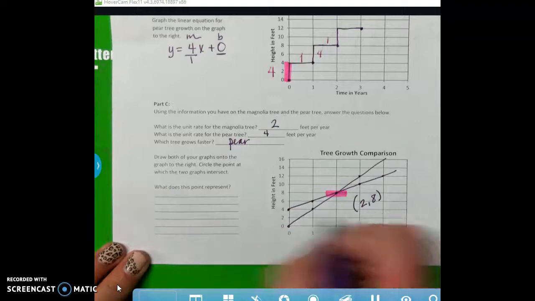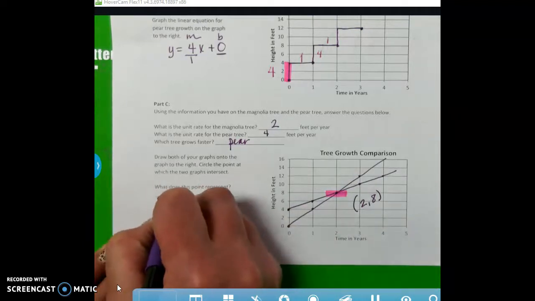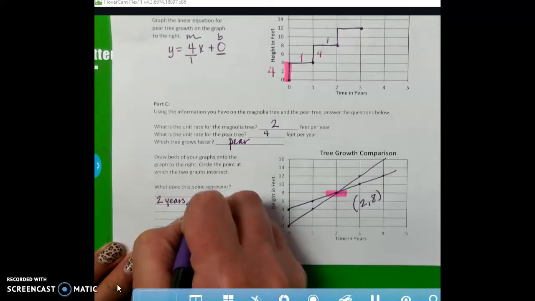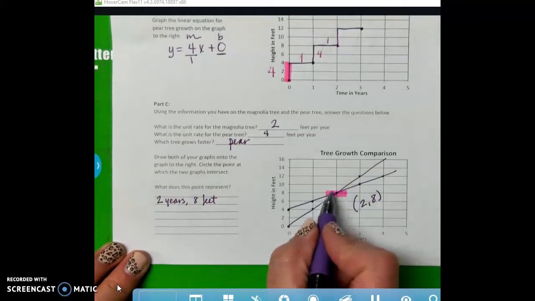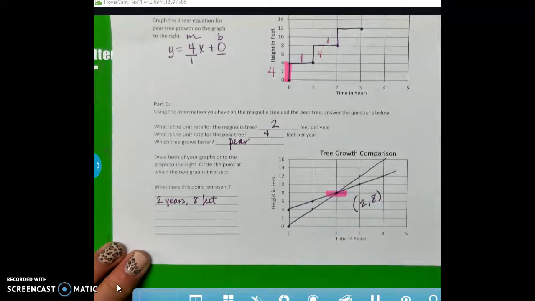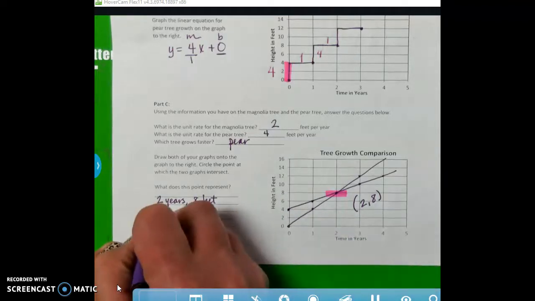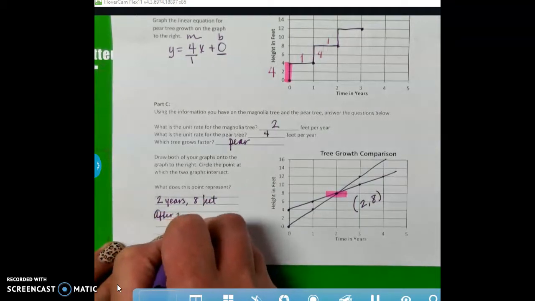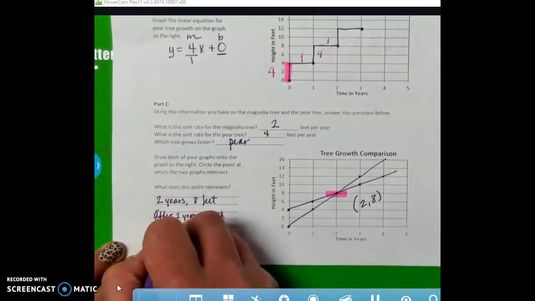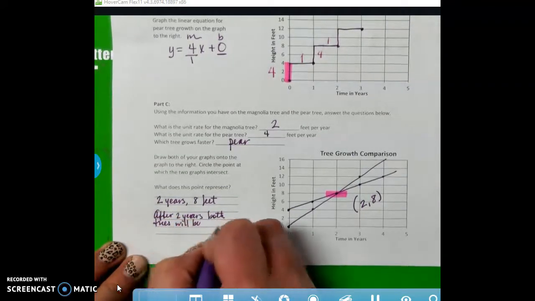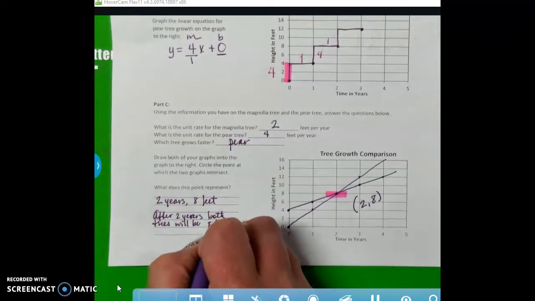We know that 2 years and 8 feet would be the label. When we analyze the meaning of it, this is when both of these trees will be the same height, because that's what we're tracking: what would be the height as time goes. So after 2 years, both trees will be 8 feet tall.